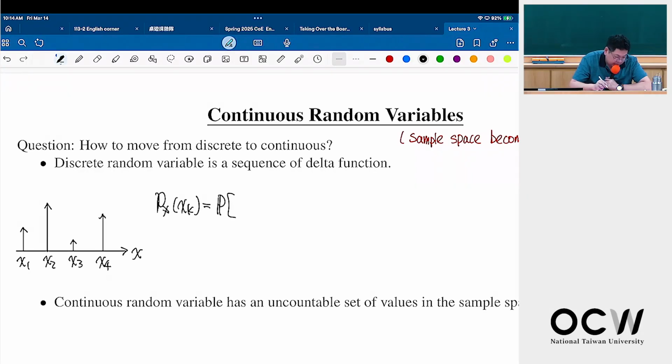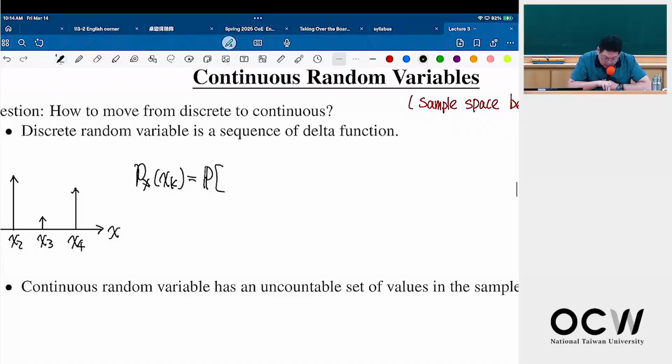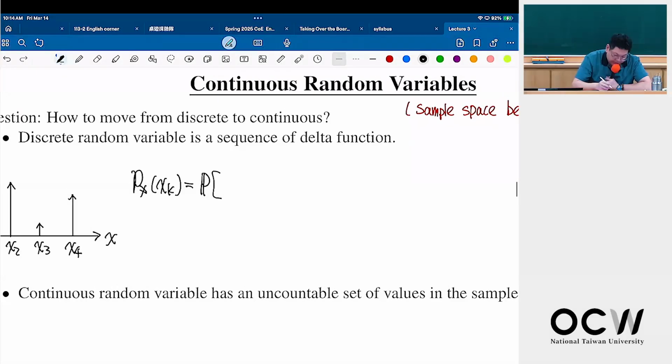Later on, for the continuous case, it is a little bit different. But here, let's just remember that the PMF is a probability.